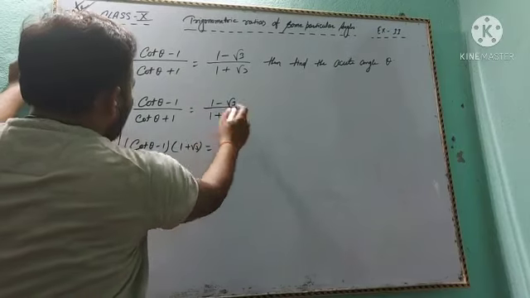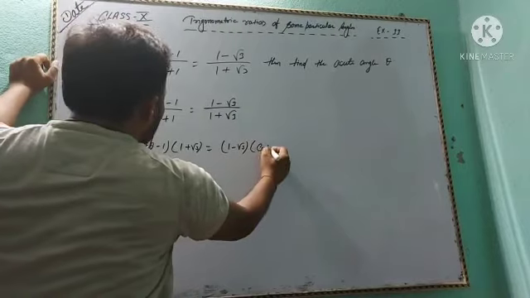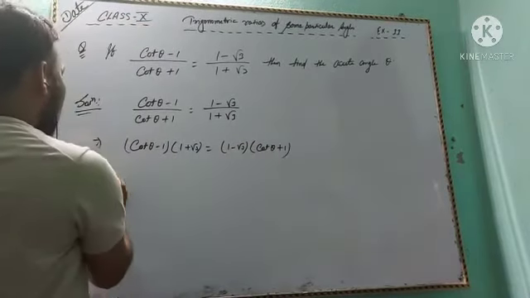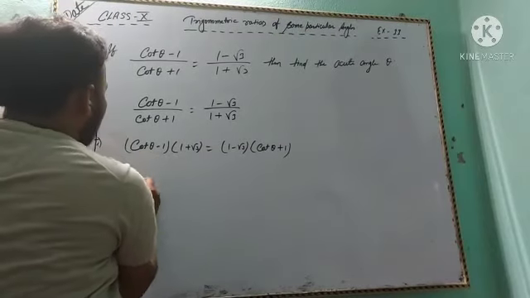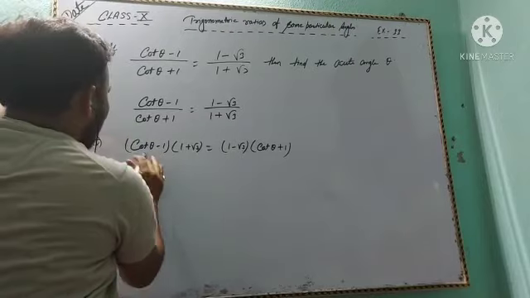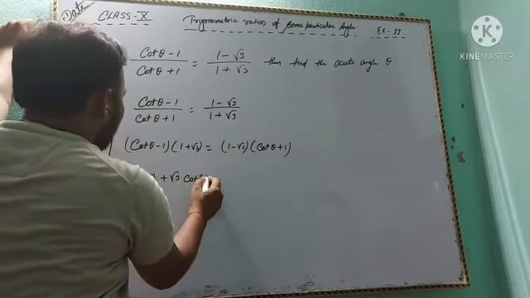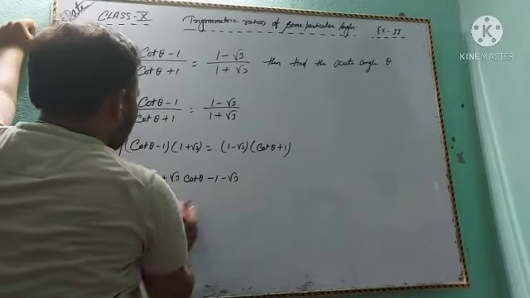(cot theta minus 1) into (1 plus root 3) is equal to (1 minus root 3) into (cot theta plus 1). So here, students, cot theta is 1 cot theta, root 3 cot theta, minus 1 and minus root 3.